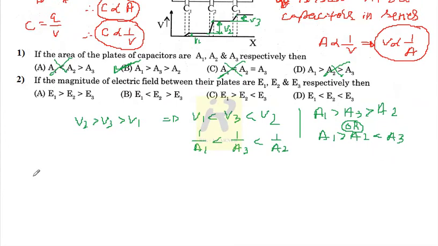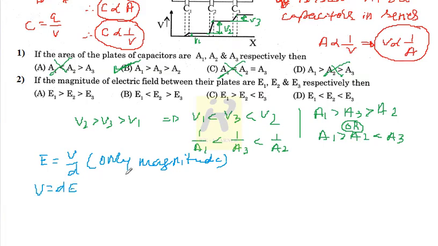For this, what I have to do is think about the electric field and potential difference relation, only the magnitude. Since D is the same for every capacitor, V is proportional to E, otherwise E is proportional to V, whichever equation I may use.